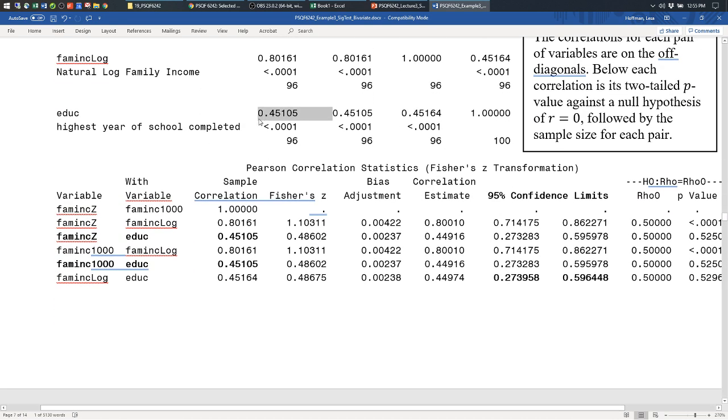Another way of thinking about that is to look at the confidence interval around that correlation, which is right this line right here. I'm not going to ask you for this because Stata doesn't do this without adding on an extra thing, and I don't believe in hand calculations. But the confidence interval around this correlation is 0.27 all the way up to 0.6.